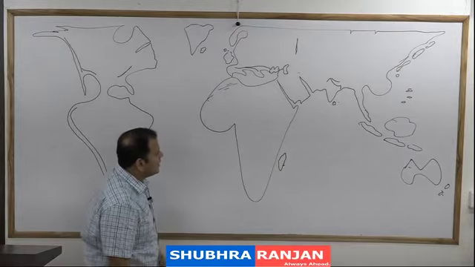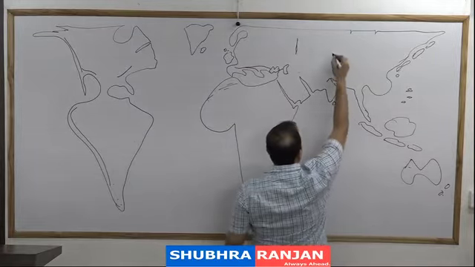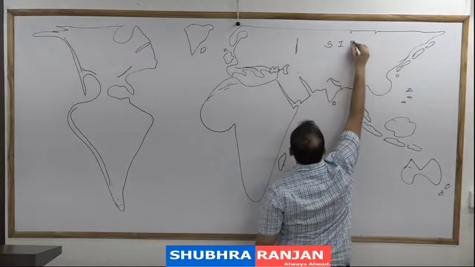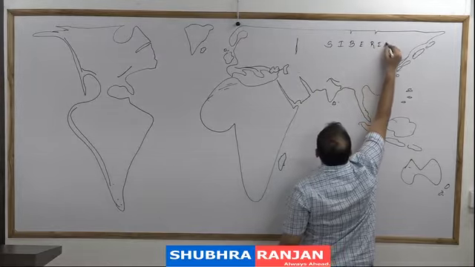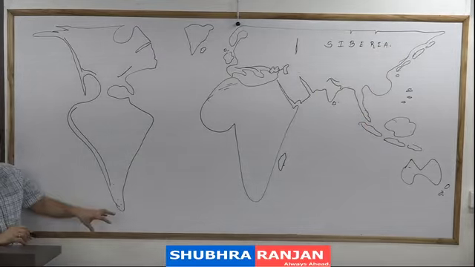Can I say this part of Asia, ये जो Russian part of Asia, is known as Siberia. So Siberian plateau will come many times. You should know what is Siberia.